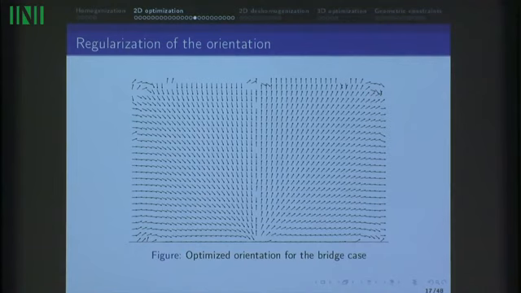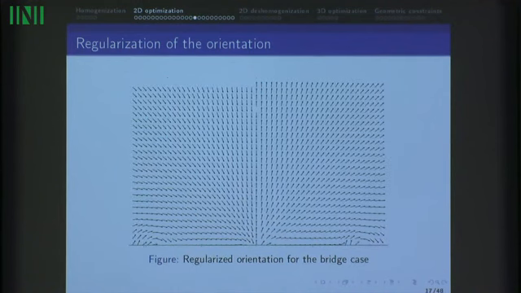So this was the optimal orientation for the bridge case, and we can see that in some areas where the density is almost equal to 0, it's not very clean, and so we want to clean this. And we can see also here we do not have a good orientation, and so we use the previous algorithm to regularize it, and so in, I don't remember, 10 or 20 iterations, we reach this regularized orientation.